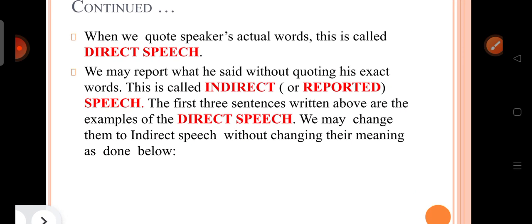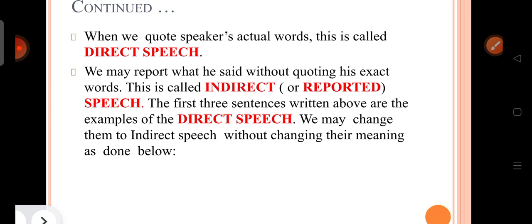When we quote the speaker's actual words, this is called direct speech. When we report what he said without quoting his exact words, this is called indirect or reported speech. The first three sentences written above are examples of direct speech.